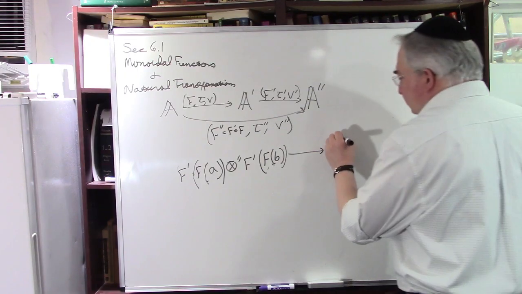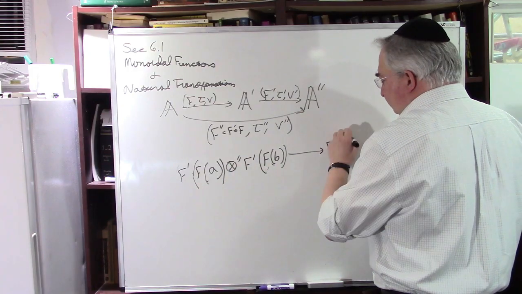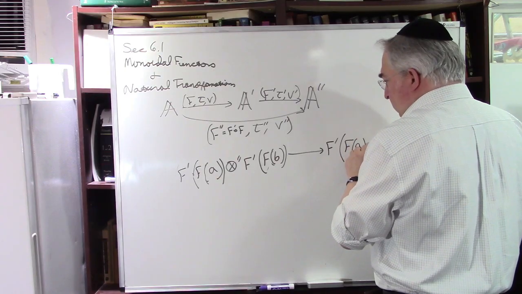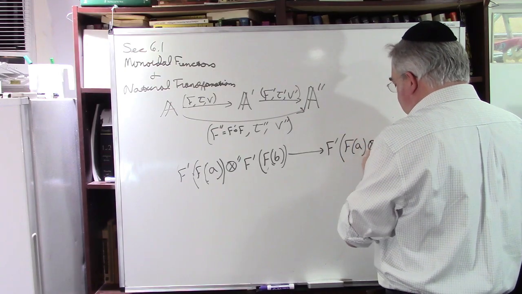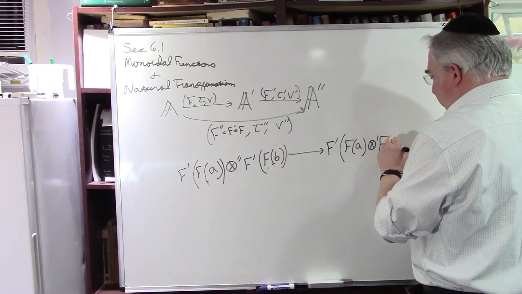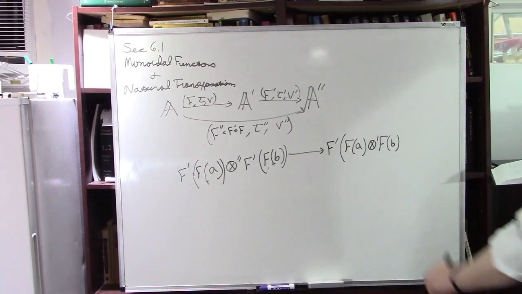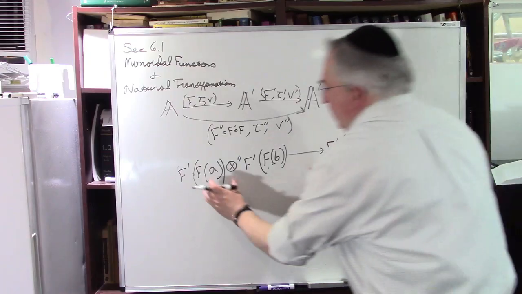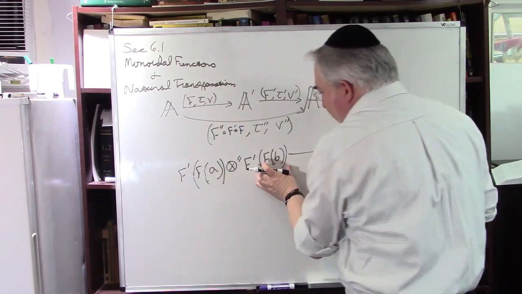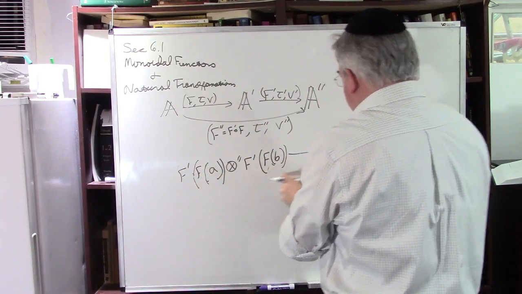I'm going to have this is F prime of F of A tensor prime F of B. Okay, so here's one element in A prime. Here's another element in A prime, and we're going to bring that together to be one element.